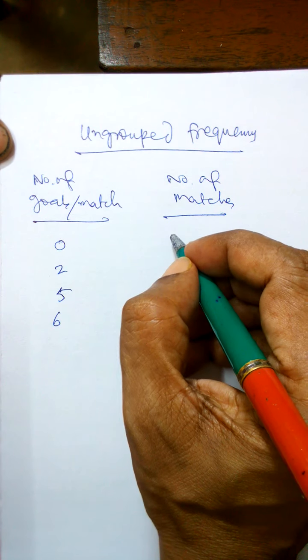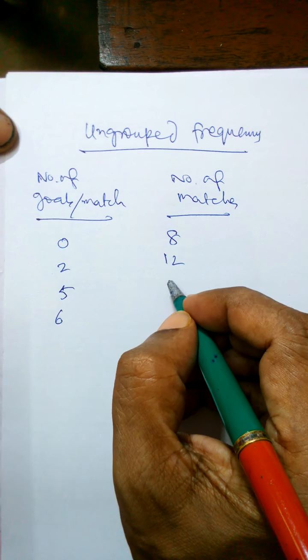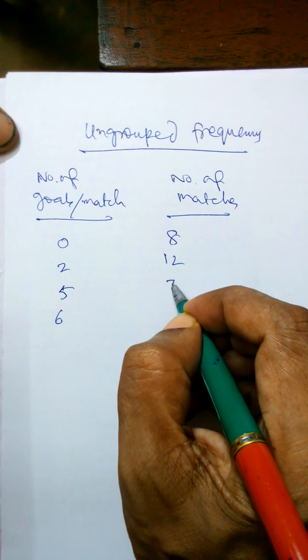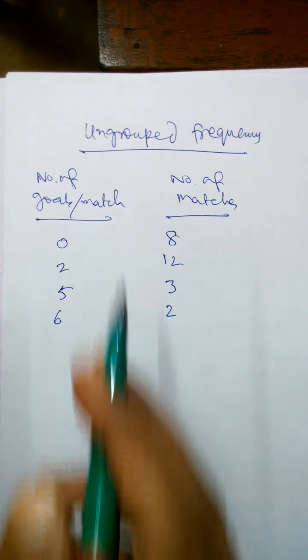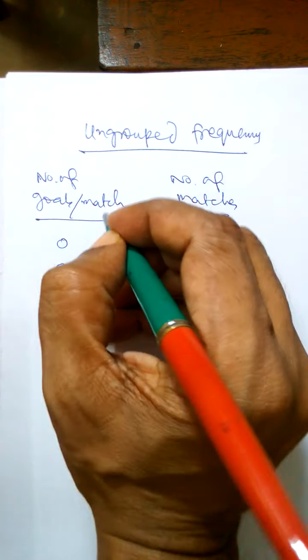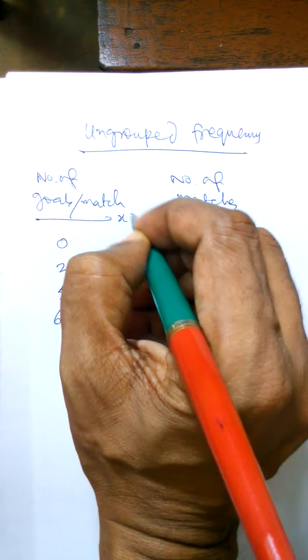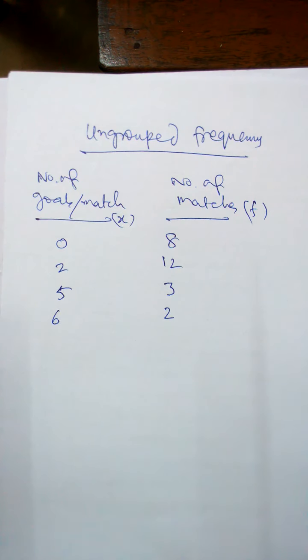The number of matches is 8, 12, 3 and 2. Now this type of frequency is ungrouped because these figures, number of goals, are isolated, that means discrete numbers. This is x we denote, and the number of matches, number of occurrences, is frequency, how many matches we are finding.